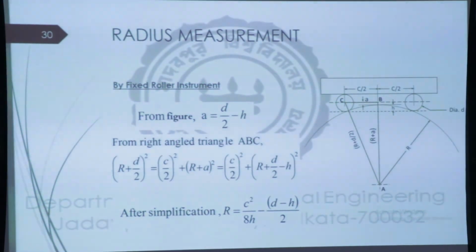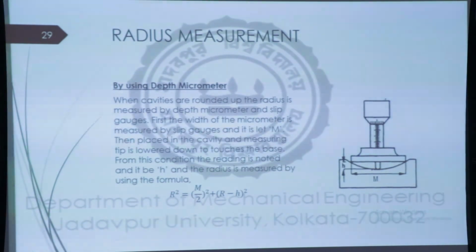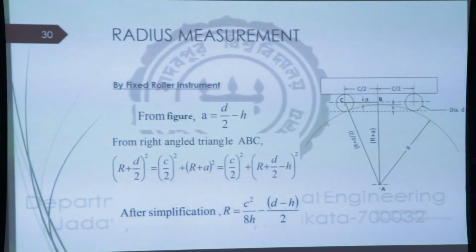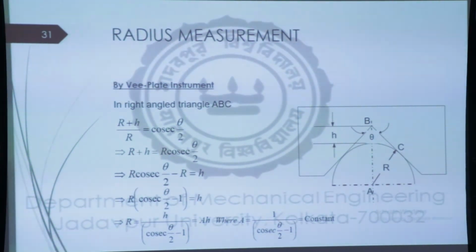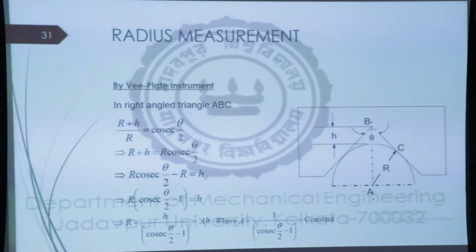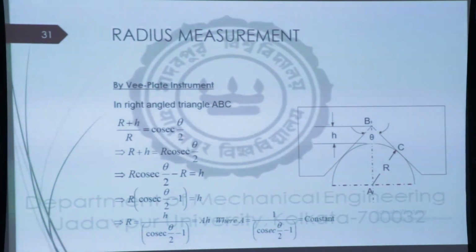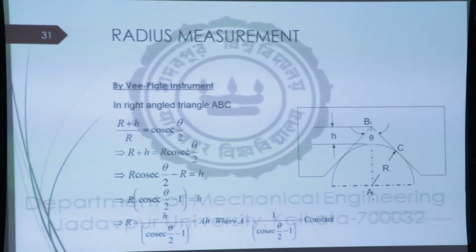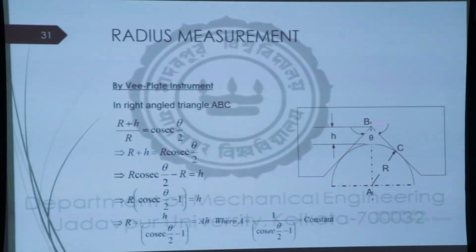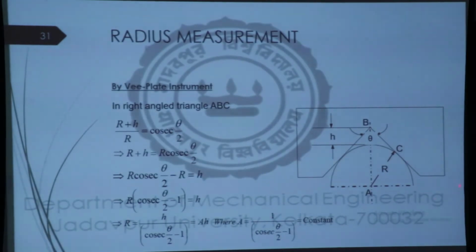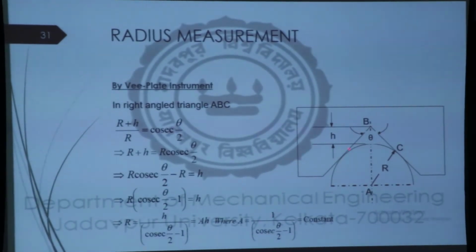Earlier was using the depth micrometer; this one is using the fixed roller instrument. Another method is also very interesting. Suppose you have a very small convex job, then how can you find out the radius? Adopting the principle of trigonometry, you place your V plate over here, the small convex job, and find out the relationship.